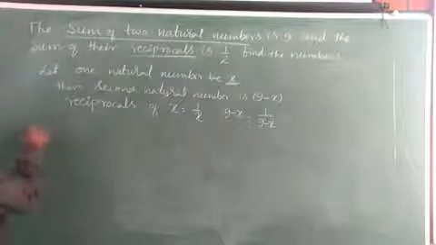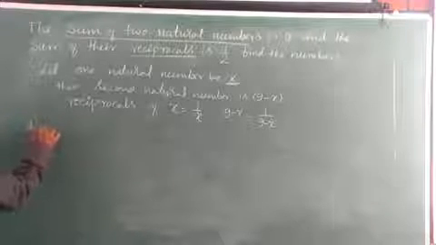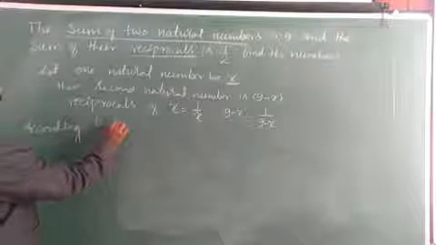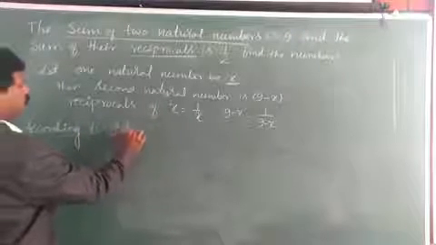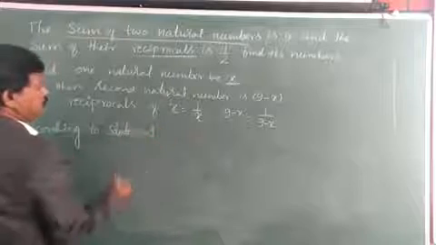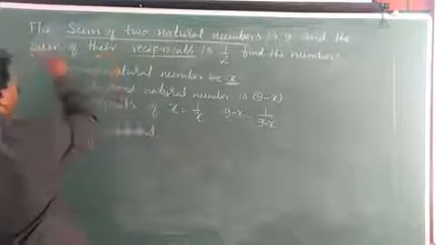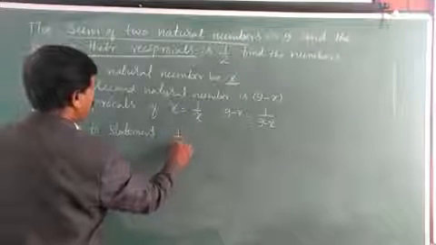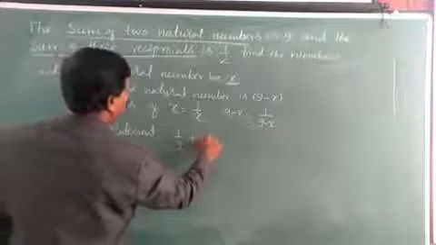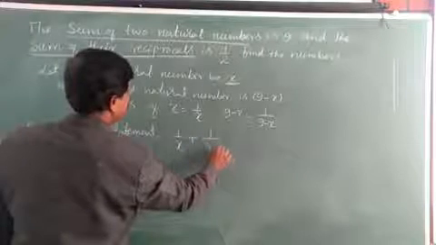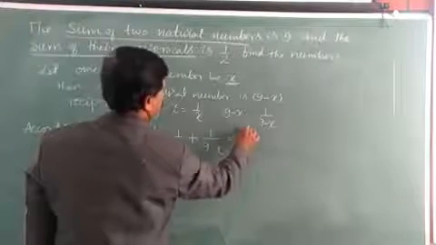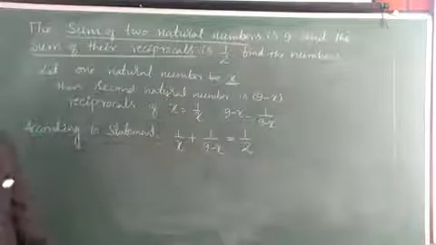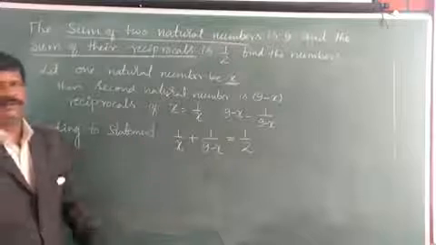Now, according to the statement, the sum of their reciprocals: 1 by x plus 1 by 9 minus x. This is given by 1 by 2. See, the sum of the reciprocals is this.